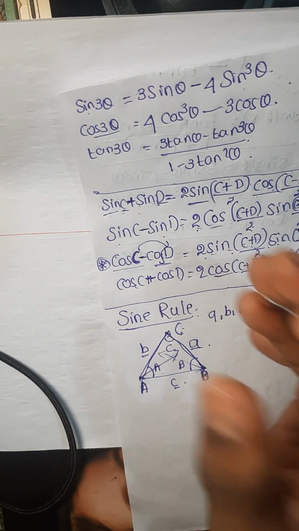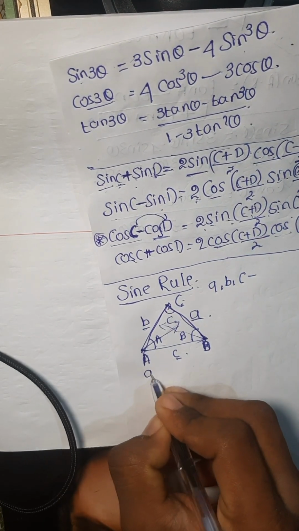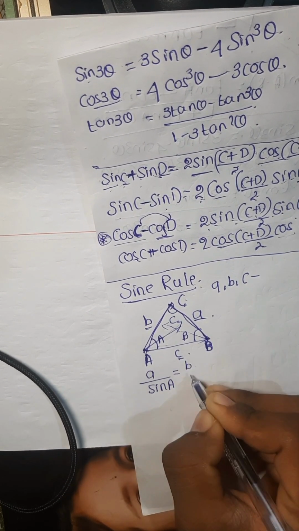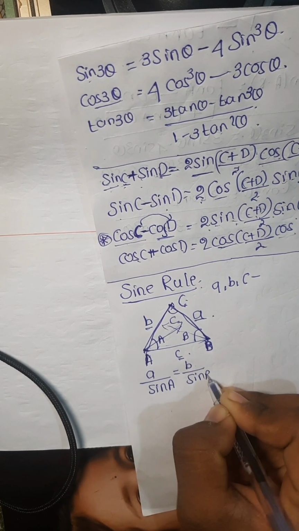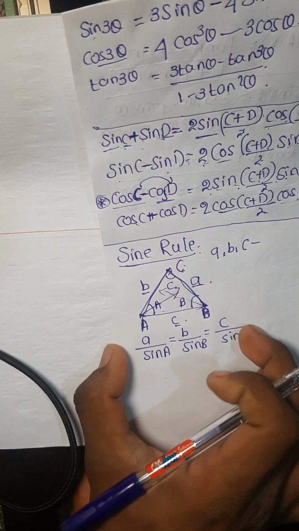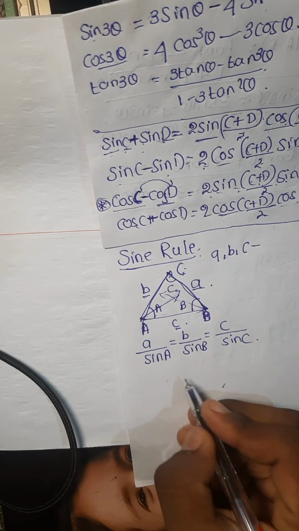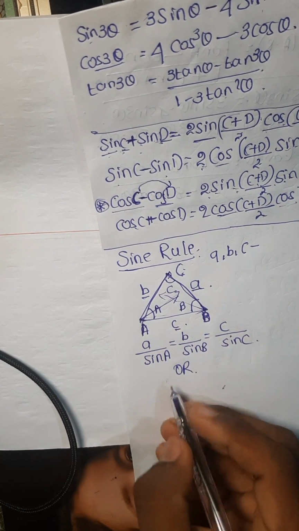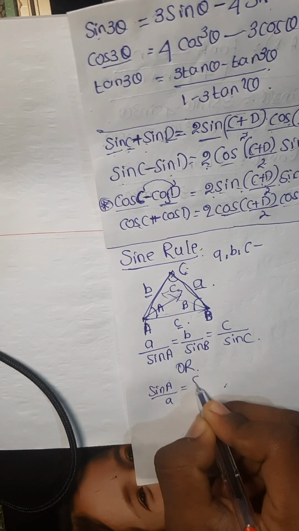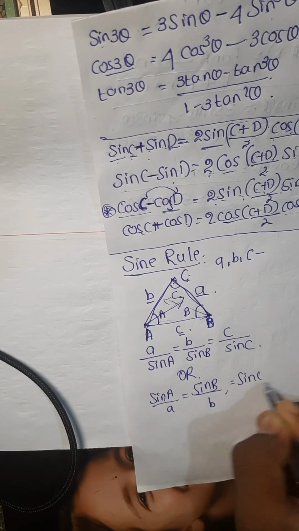The sine rule says a over sin A equal to b over sin B equal to c over sin C. The sine rule can be written in this form, or we can write it upside down: sin A over a equal to sin B over b equal to sin C over c.